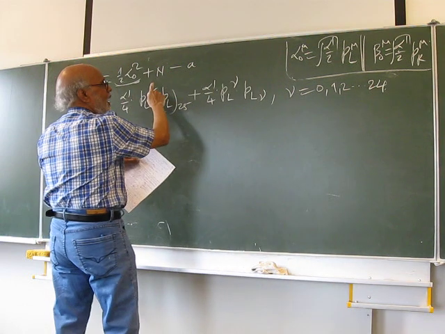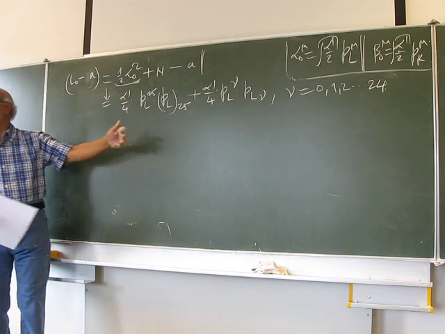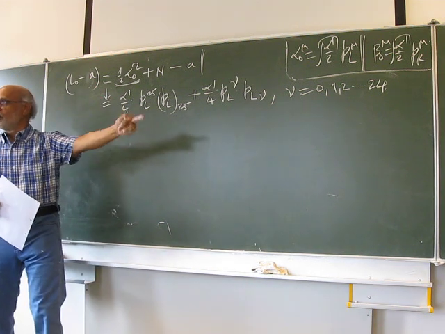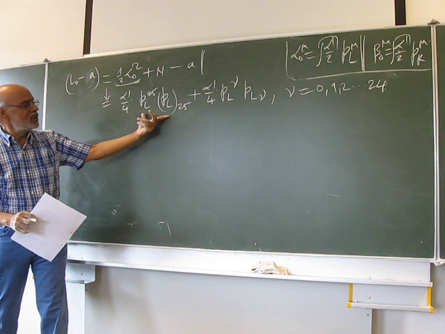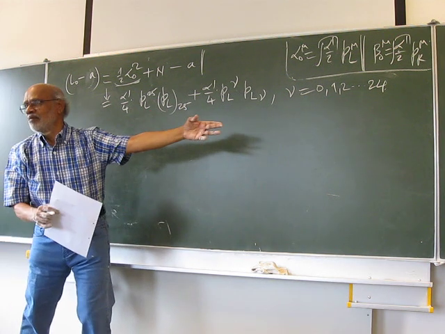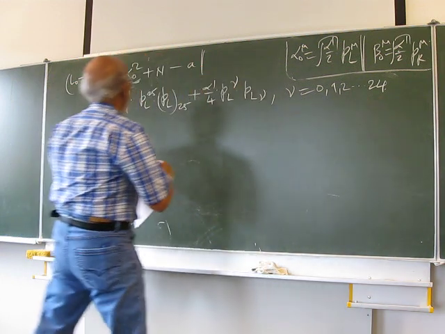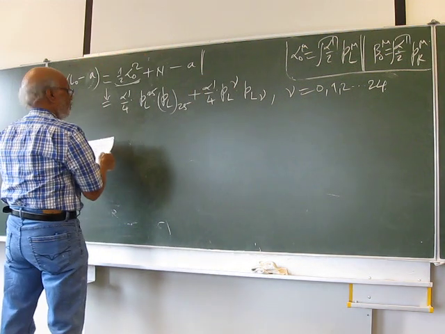You see, in the earlier one, if you recollect, mu was going from 0 to 25. But this term we separate out. Including this, there are 26 dimensions. And so this term we separate out.